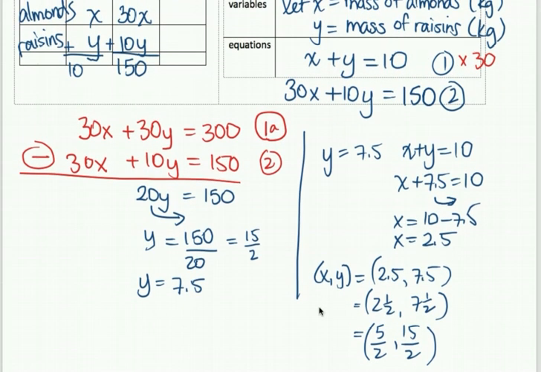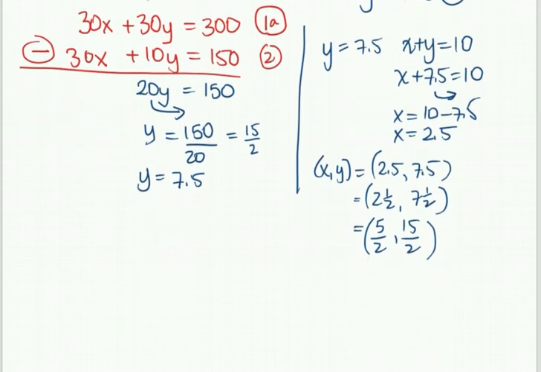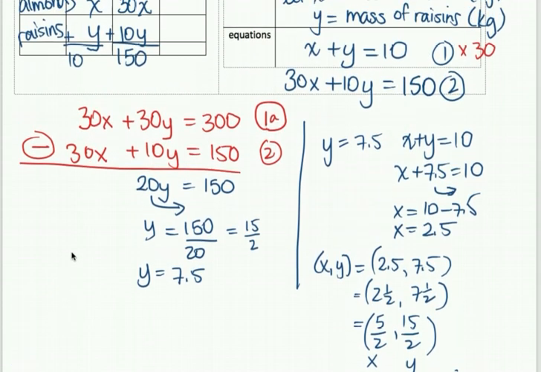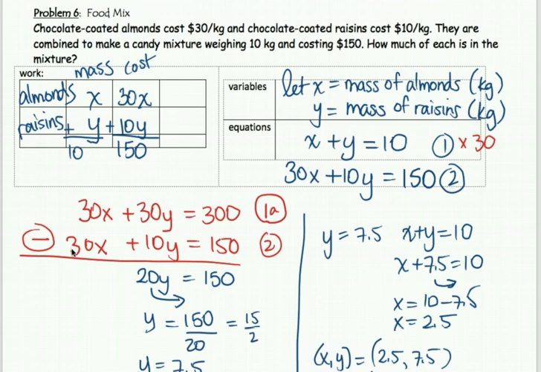Again, this was the x, and that's the y, but those were the almonds, those were the raisins. So just make sure when you're writing a therefore statement that it matches the right number. Therefore, I wanted to know how much of each is in the mixture.